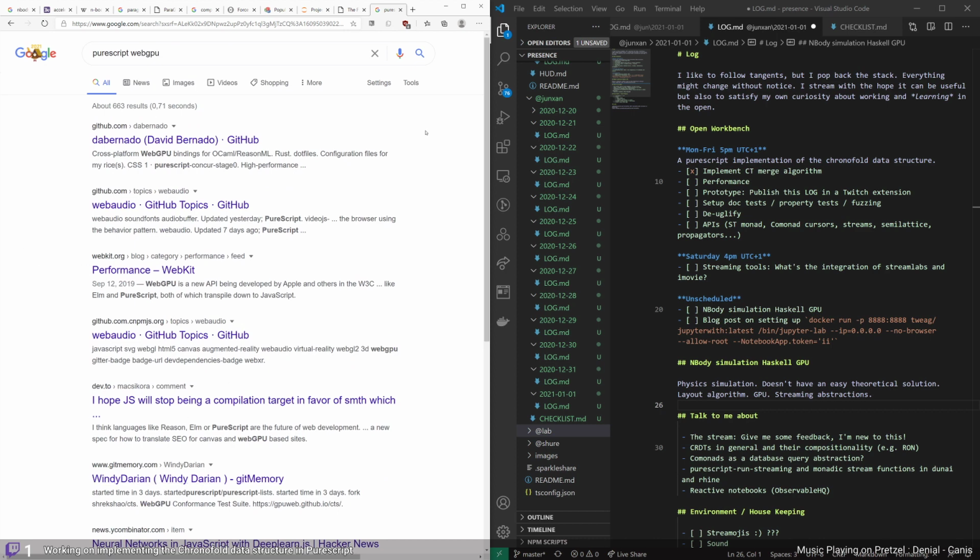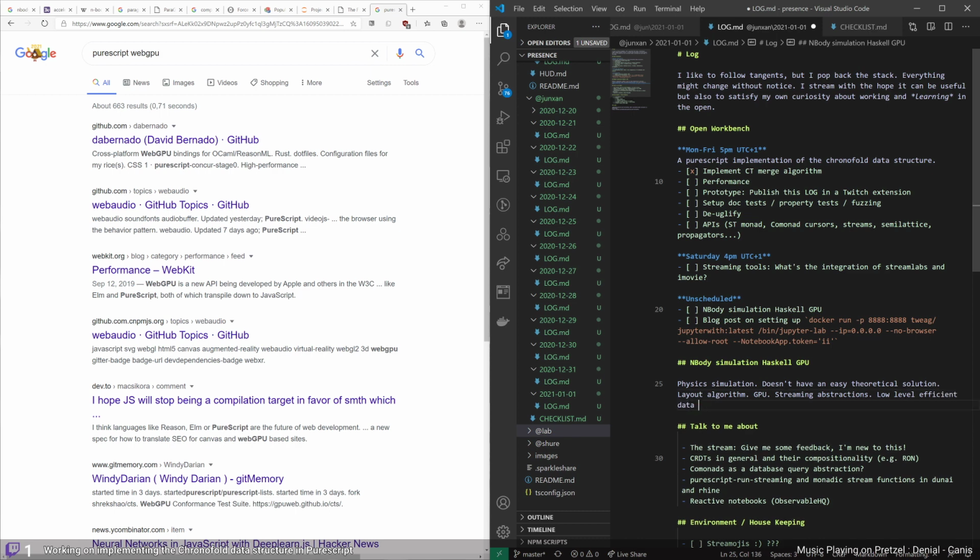But in order to think through issues of low-level, efficient data flow programs that do their things across the CPU and the GPU, most of the people thinking about these problems are aggregated around the Haskell ecosystem, and few of them exist in the PureScript ecosystem at this point.